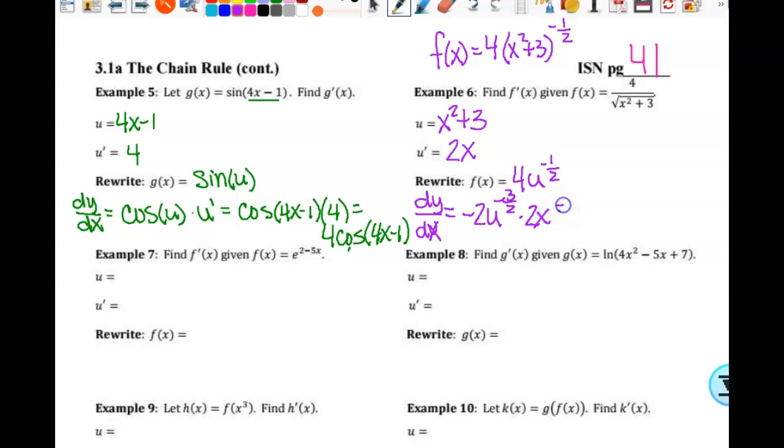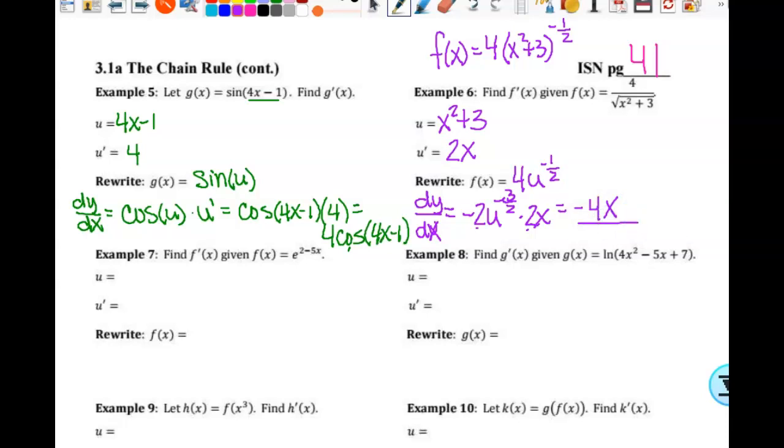So then this is going to be negative 4. Can I do that? If I get 2 times negative 2, can I multiply those? Get negative 4? Yes. Negative 4 times, I think x still goes in the numerator, right?